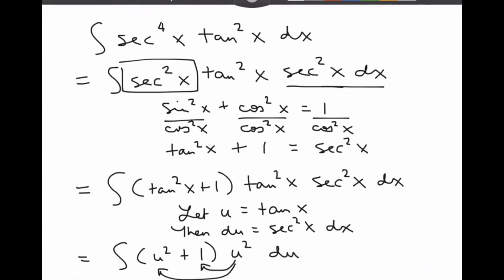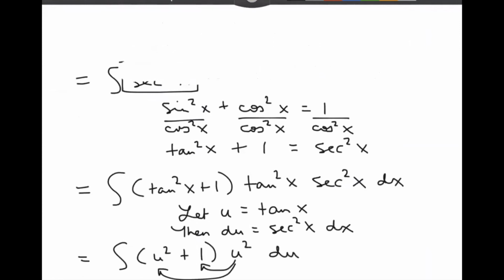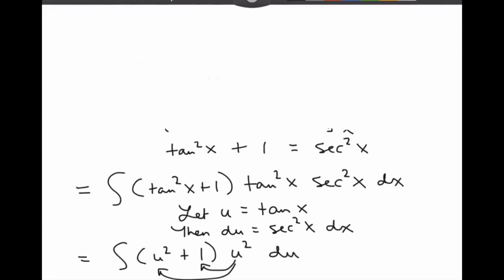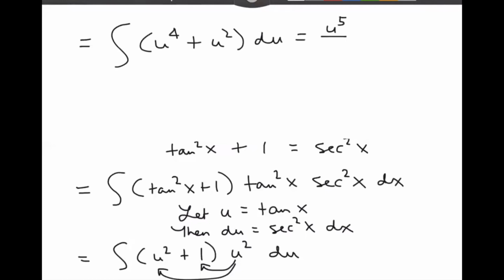I didn't leave enough room on the next page, so I'm going to have to go up here. All right. So I have integral u to the 4th plus u squared du. And by the backwards power rule, that's u to the 5th over 5 plus u cubed over 3 plus c.